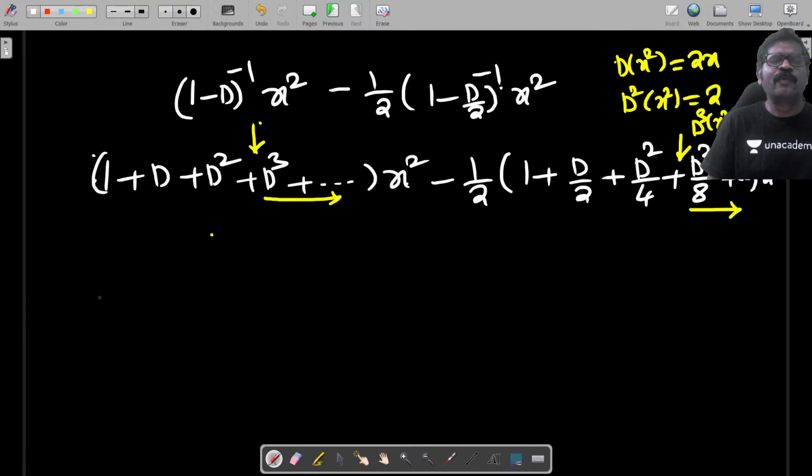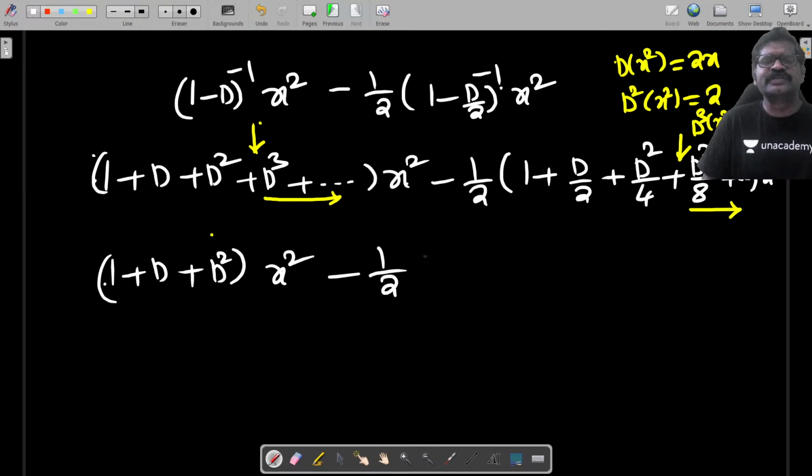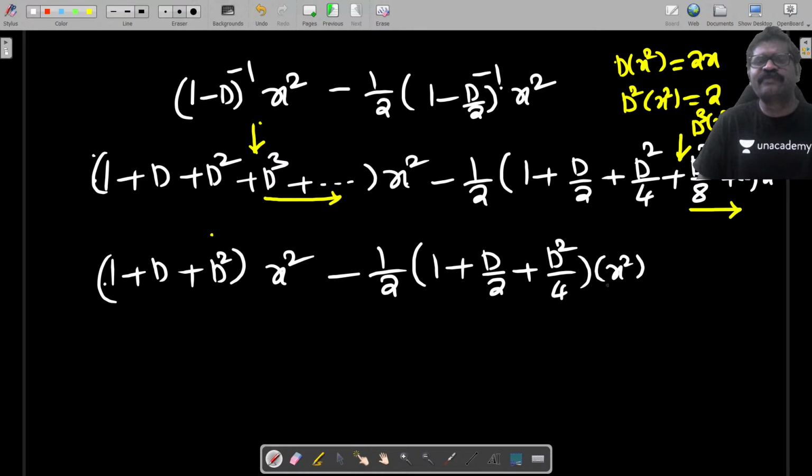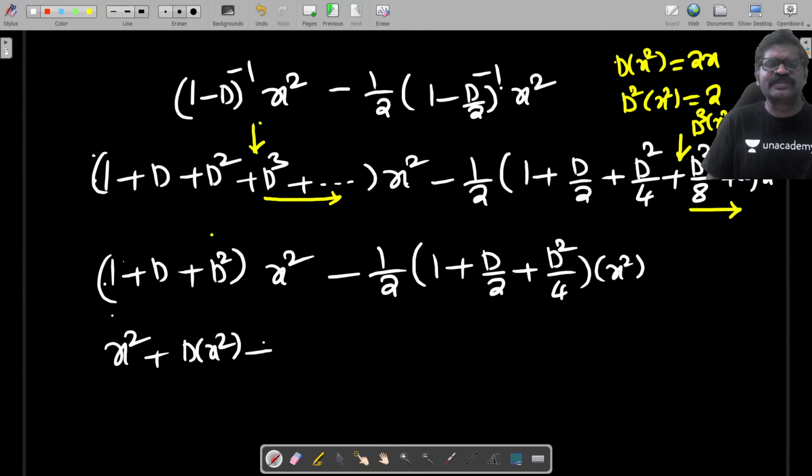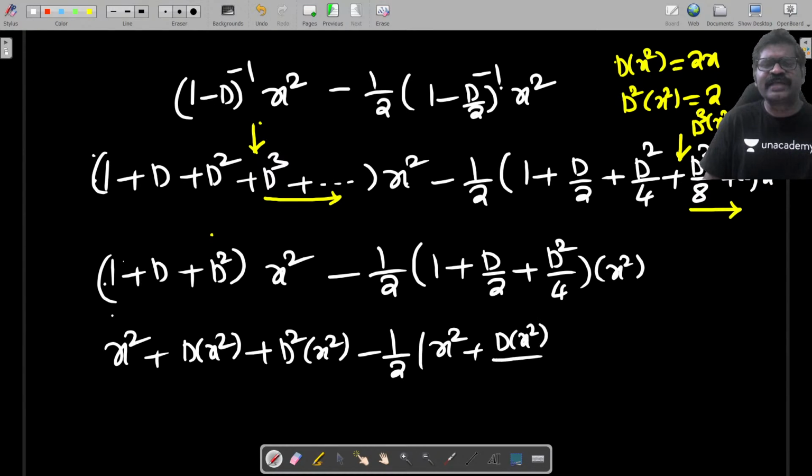Now (1 plus D plus D square) of x square minus 1 by 2 of (1 plus D by 2 plus D square by 4) of x square. 1 multiplied with x square is x square, differentiation of x square, D square of x square, and so on.